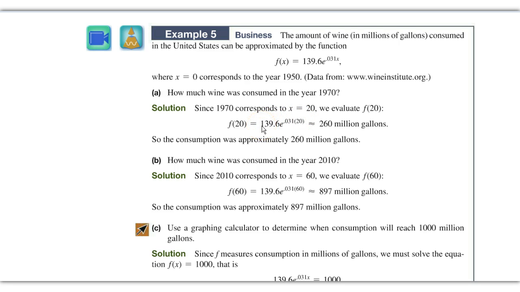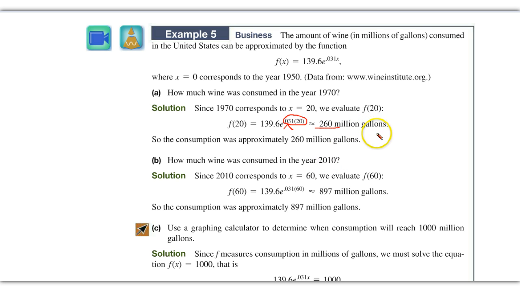We then put 139.6 times e in our calculator, then hit the caret button and put in the product of 0.31 times 20. You could do that ahead of time if you want and have a value for that. And it gives you approximately this many millions of gallons.